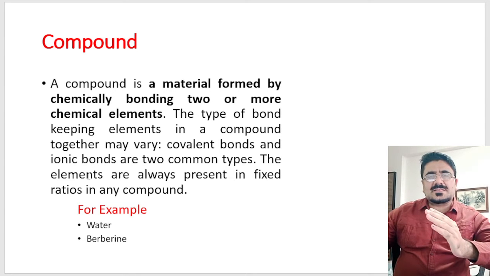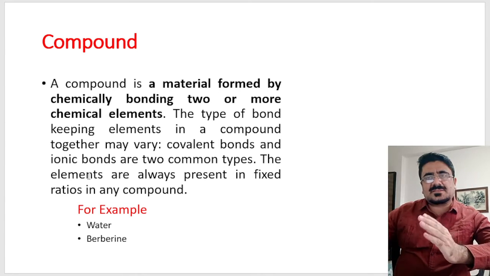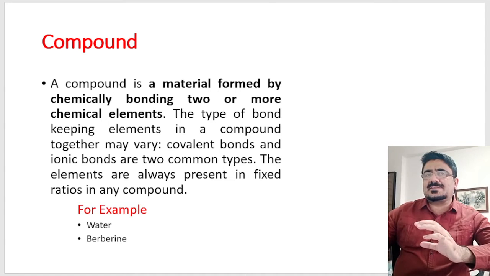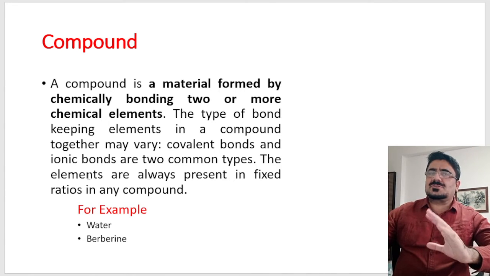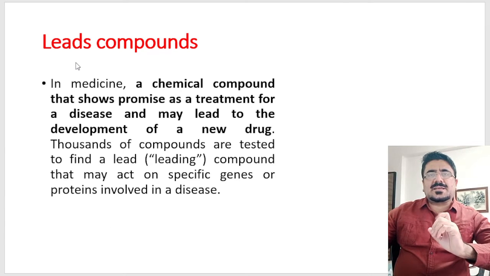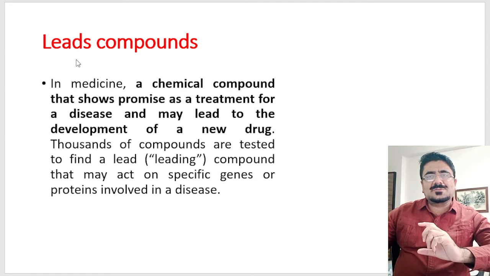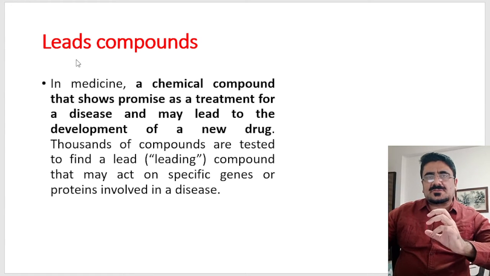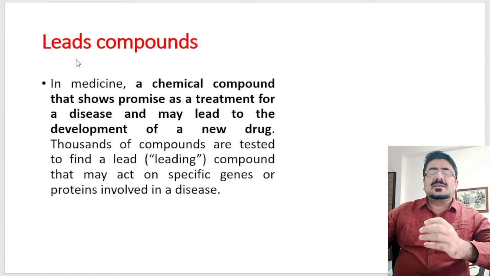From all these compounds we screen drugs and pharmacophores. The basis of chemoinformatics comes from compounds or molecules. So lead compounds come from compounds and molecules: after screening, we select some lead compounds.